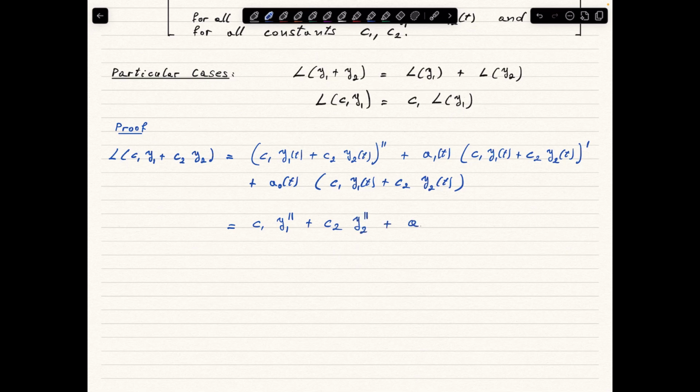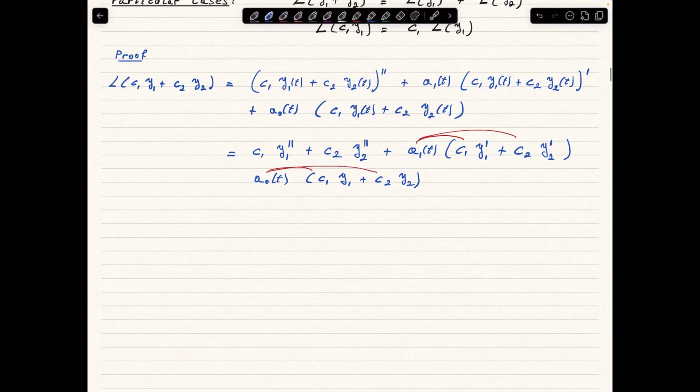Then we have a1, function of time, and then c1 times the derivative of y1 plus c2 times the derivative of y2. And then the other term stays as it is because it doesn't have any derivatives: c1 y1 plus c2 y2. Okay, what we are going to do now is distribute this factor.